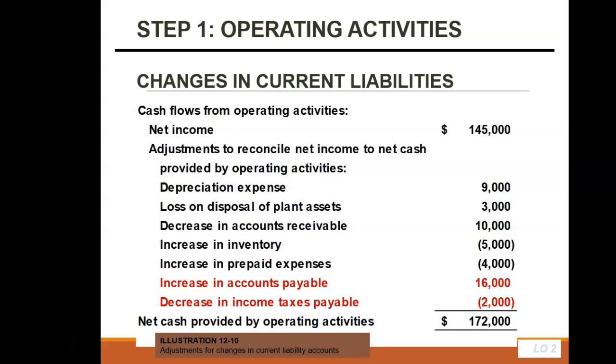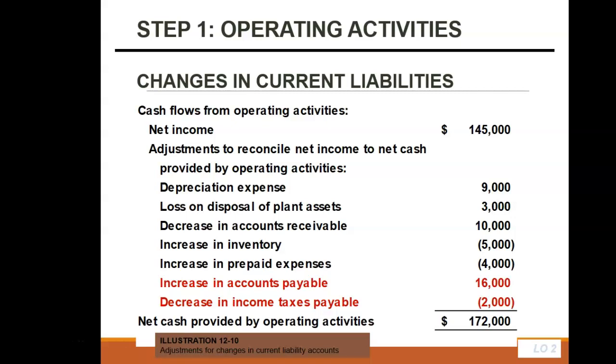You'll then look at the income statement to see if there was a loss or a gain on disposal of a plant asset. If you have a loss on disposal of a plant asset, you're going to add that amount to your accrual-based net income. If there's a gain on disposal of a plant asset, subtract that amount to get your cash-based net income.